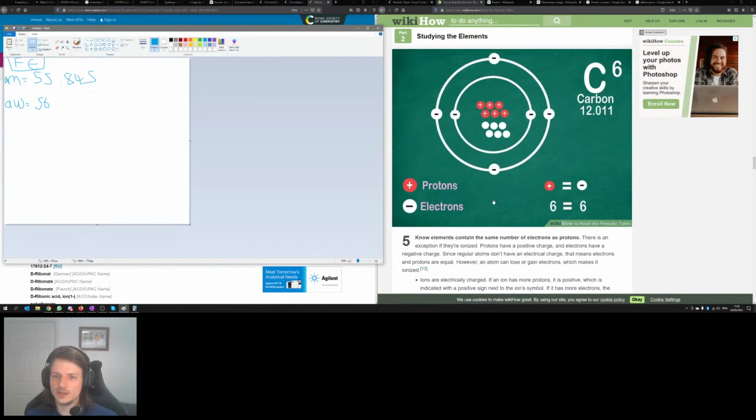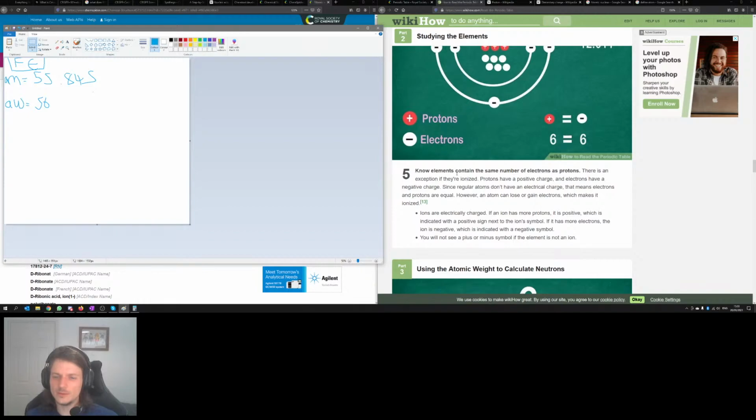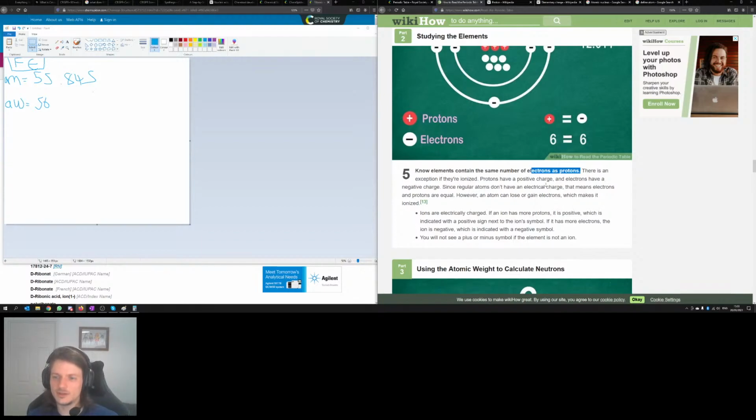But we found out up here that no elements contain the same number of electrons as protons. There is an exception if they're ionized. Protons have a positive charge and electrons have a negative charge. Since regular atoms don't have an electrical charge, that means electrons and protons are equal.